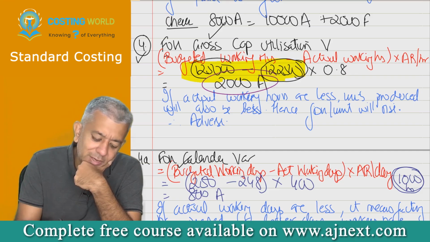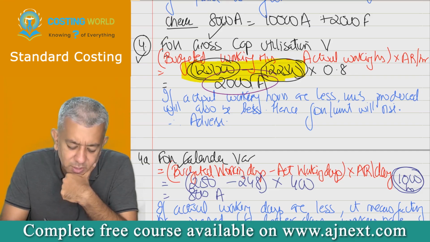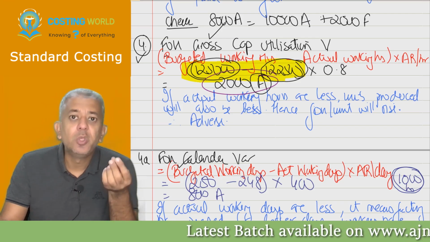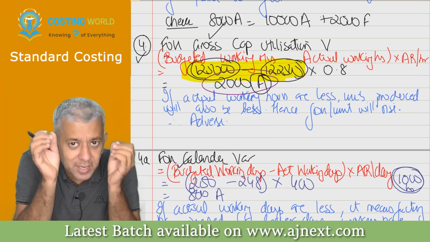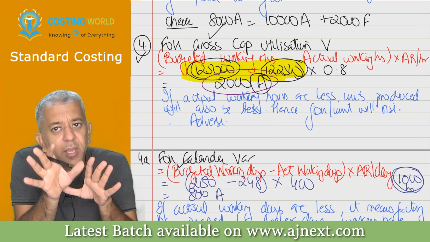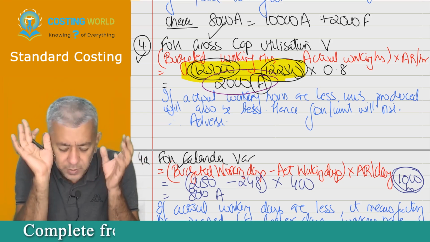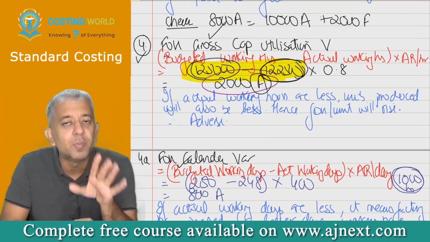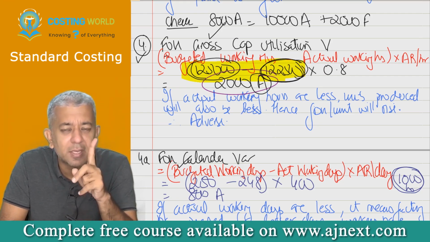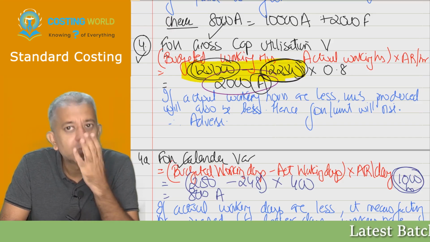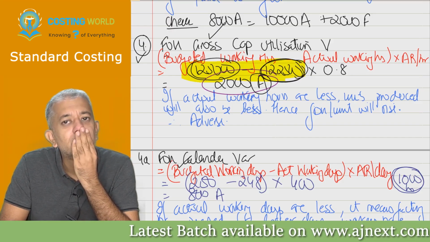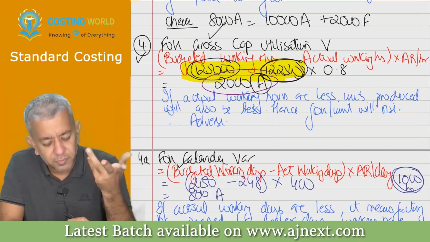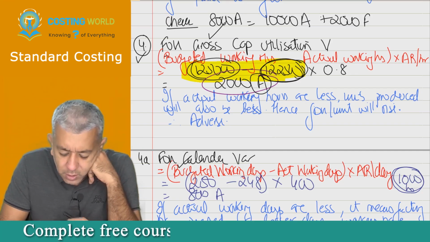This figure divided by this particular figure. Variance was adverse, so numerator has to be smaller than the denominator. You take any question in this entire world, the formula that will be made will exactly come to this particular thing only. Now, 122,500 obviously will come in the numerator. Why? Because variance is adverse, so ratio has to be lesser than 100%. So in this particular case, it will be sitting in the numerator.